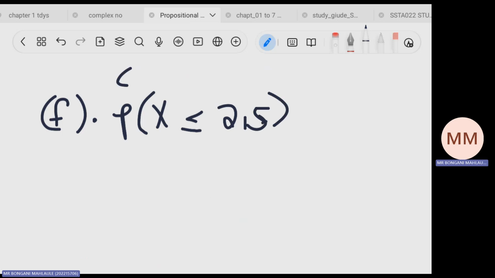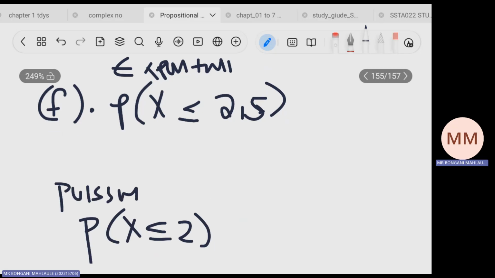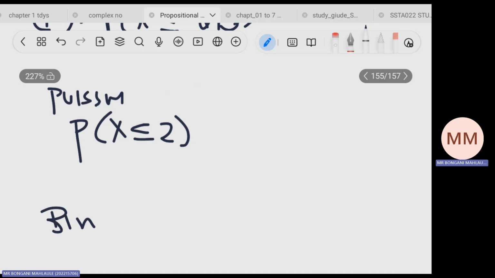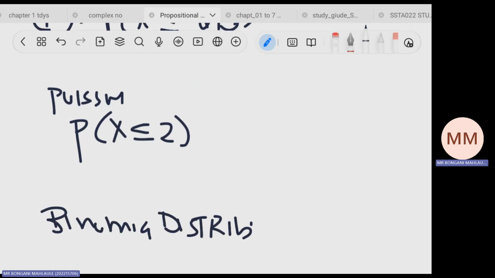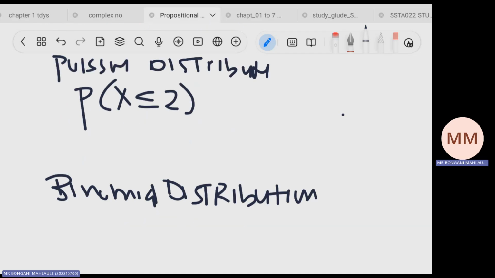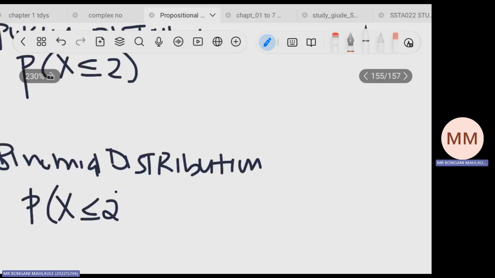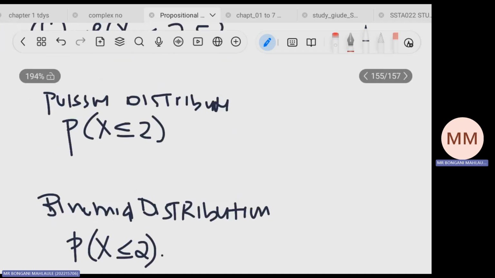This one is for the exponential. And for Poisson, we had our mean as 2. And then for the binomial distribution, our mean was also equal to 2 here. So all we have to figure out is the formulas.